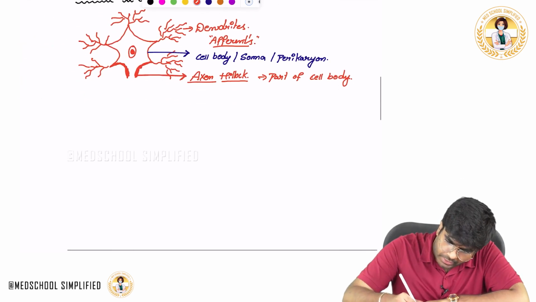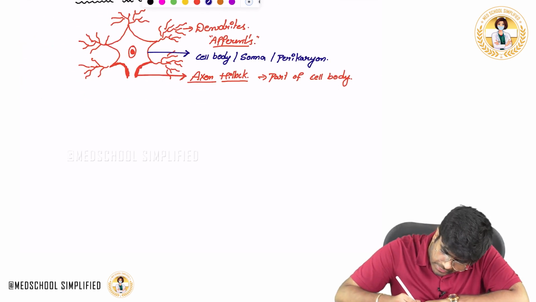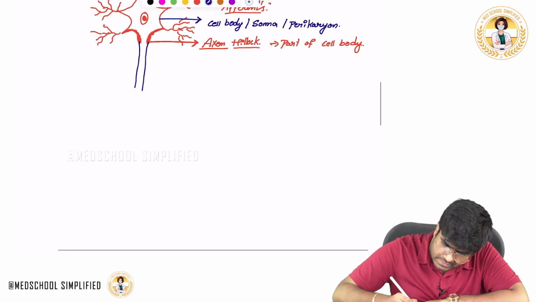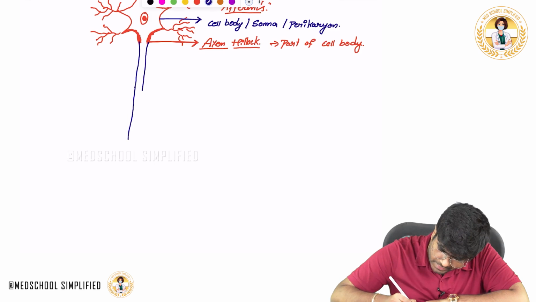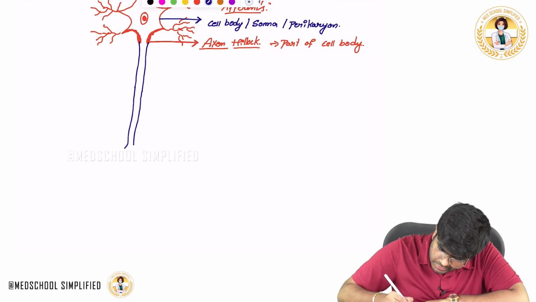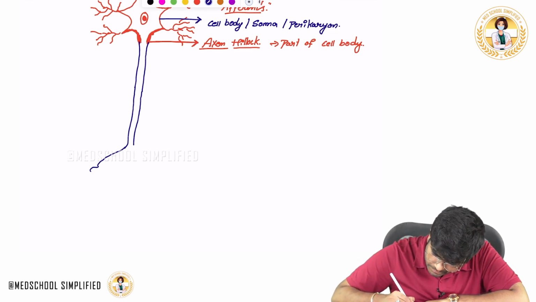Now this axon hillock continues as this axon. Here is the axon present. Now here we are having this nerve terminal.